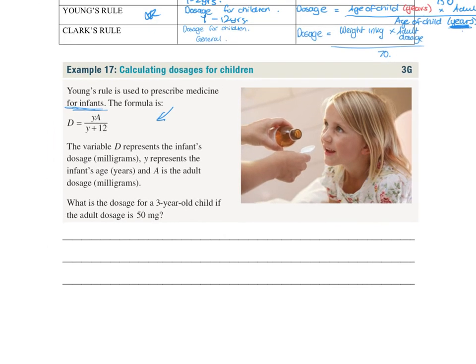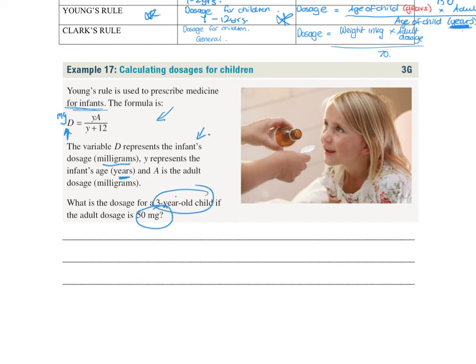The variable D represents the infant's dosage in milligrams. So that's what you're going to end up with, and that'll be in milligrams. And A is the adult dosage in milligrams, and the infant's age is in years, which is what we set up here. What is the dosage for a 3-year-old child if the adult dosage is 50 milligrams?